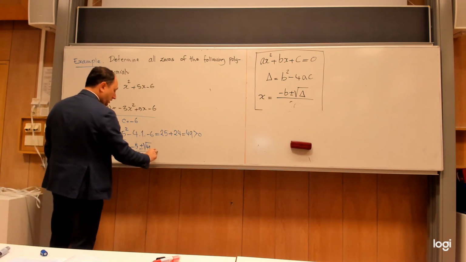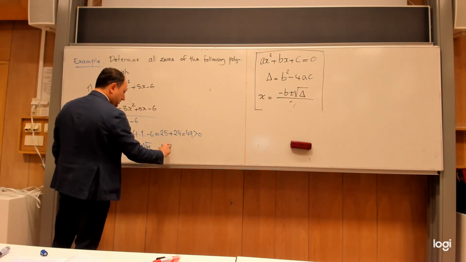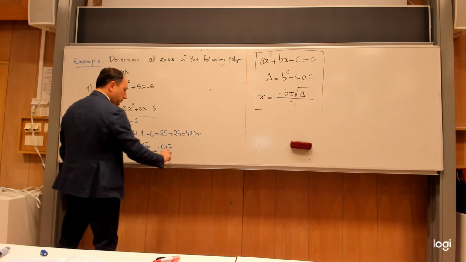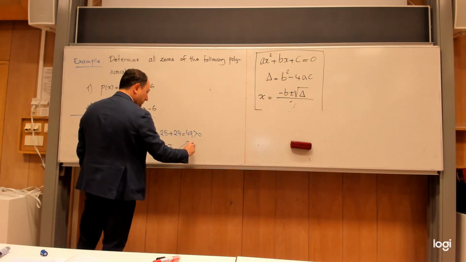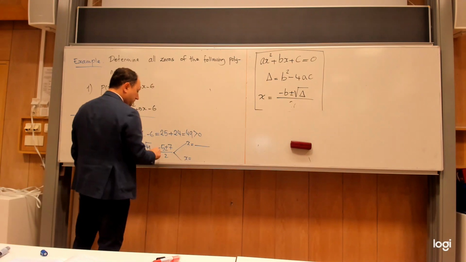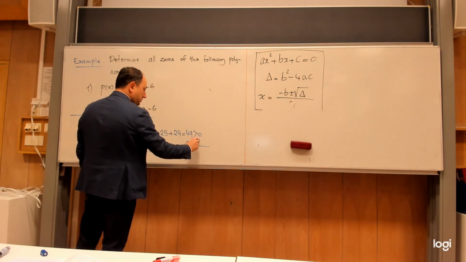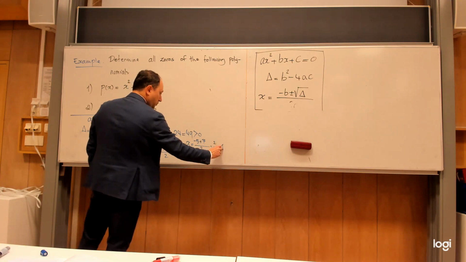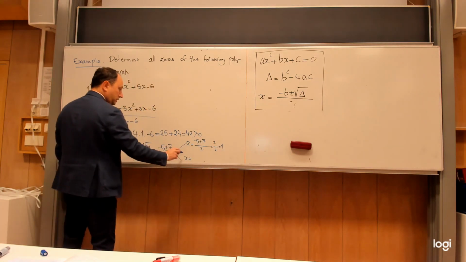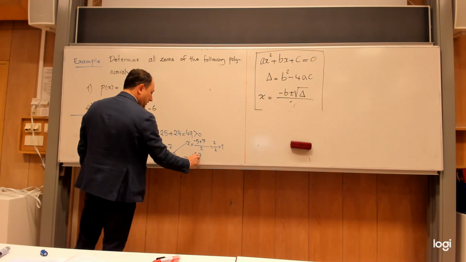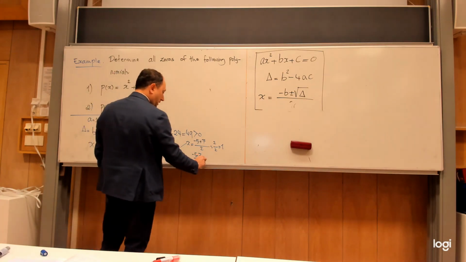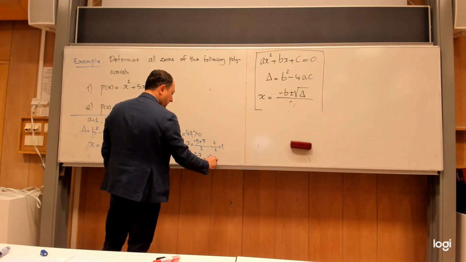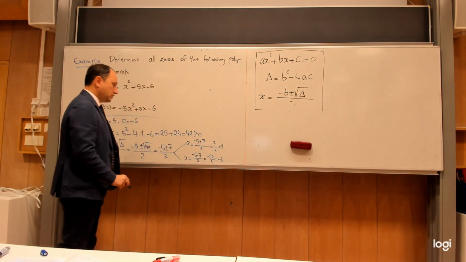And then the square root of 49 is 7, so minus 5 plus or minus 7 divided by 2. Then you face two solutions. x is equal to. One solution, you take the positive sign, and then it becomes 2 divided by 2, which is 1. And then the other one, you pick up the negative sign, minus 12 divided by 2 is minus 6. So these are the answers.